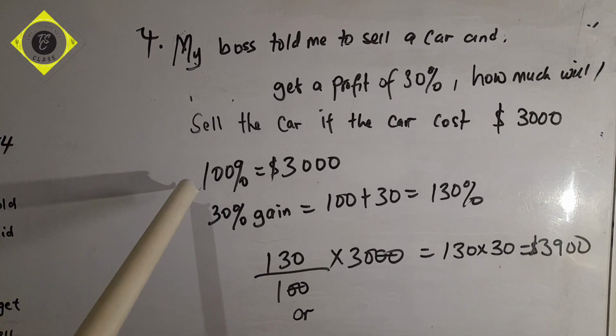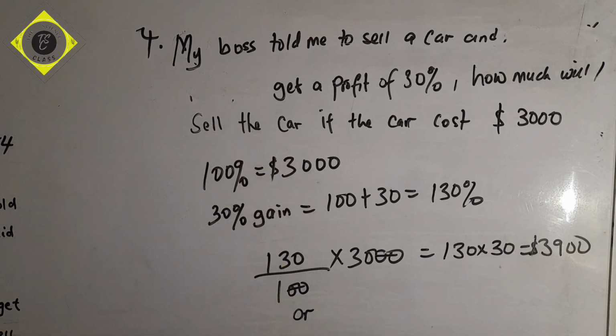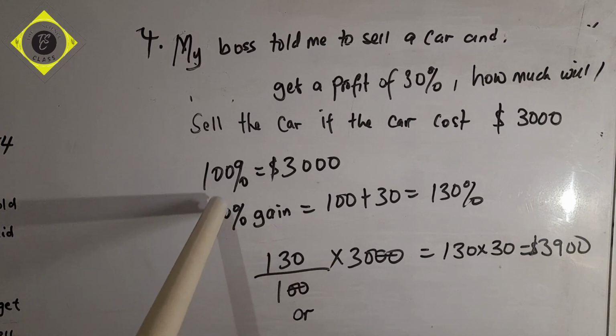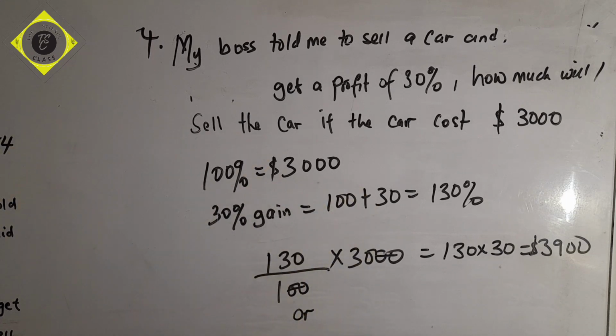So 100% is $3,000. You want a gain of 30%. All you need to do is just add 30 to 100. That will give you 130%.